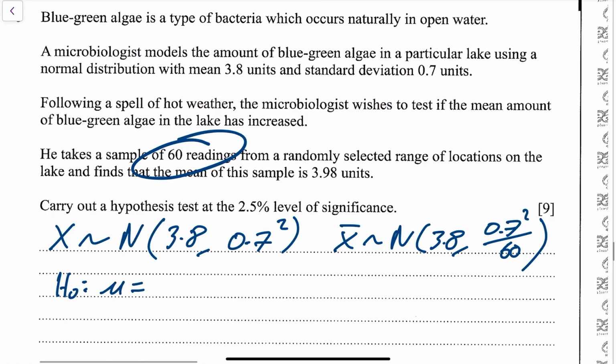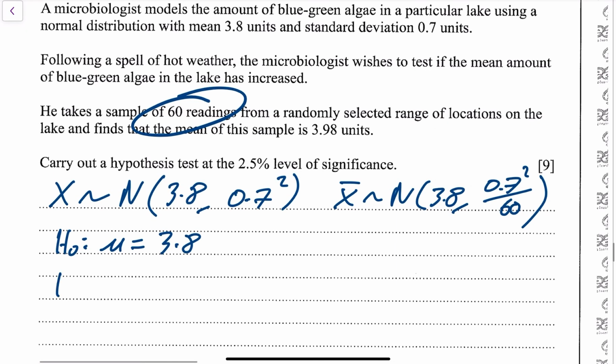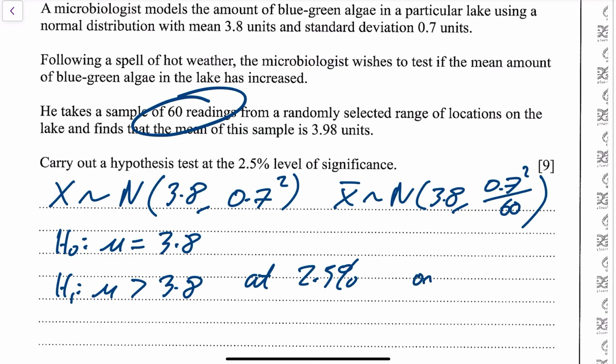For normal, it's always about the mu. But he thinks it has increased, so he thinks mu is now bigger than 3.8. And he wants to test this at 2.5%. I would also write in somewhere that it's a one-tailed test.